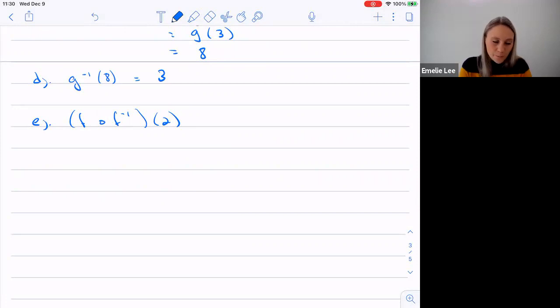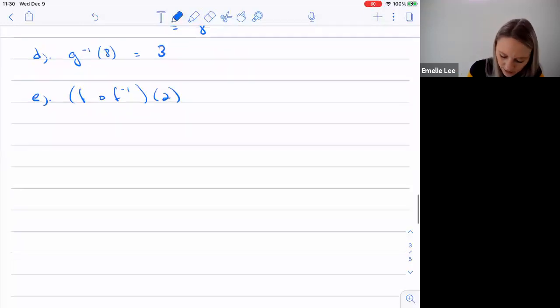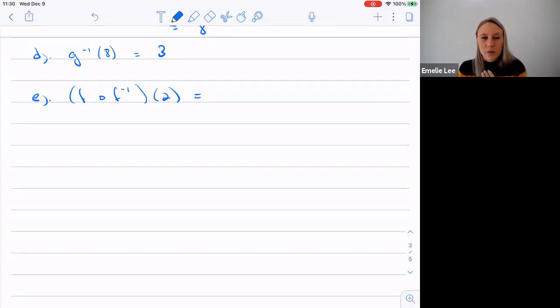And so because f is 1-to-1, we know from that inverse property that f composed with its inverse of x should equal x, and so I'm expecting this to be 2. I'm just going to follow through. But you can talk your way through it. If it's 1-to-1, I know that that inverse property is true.